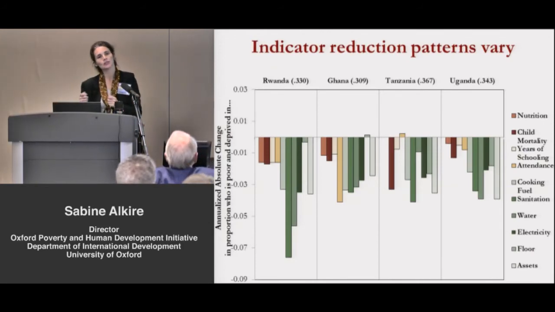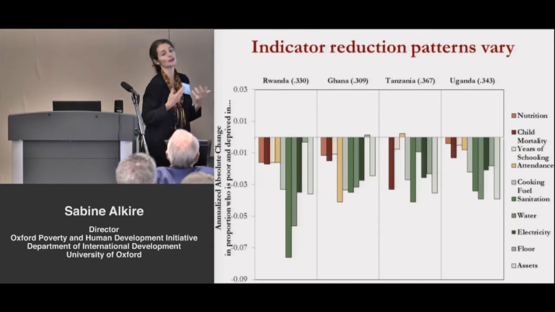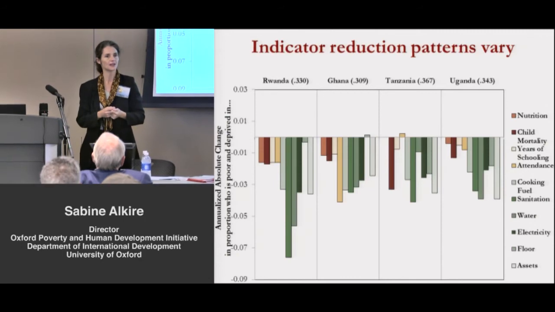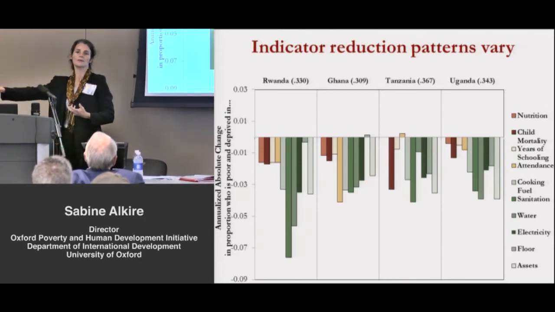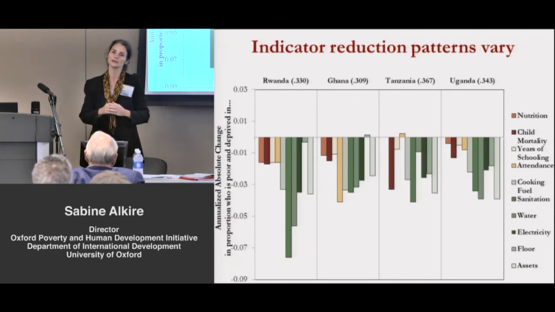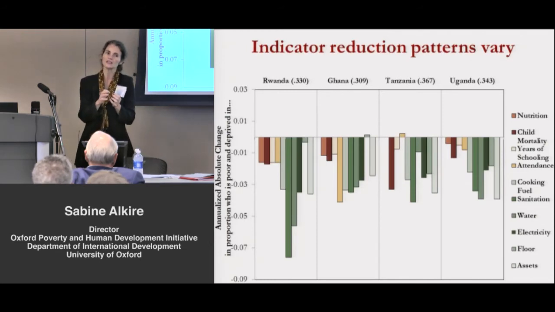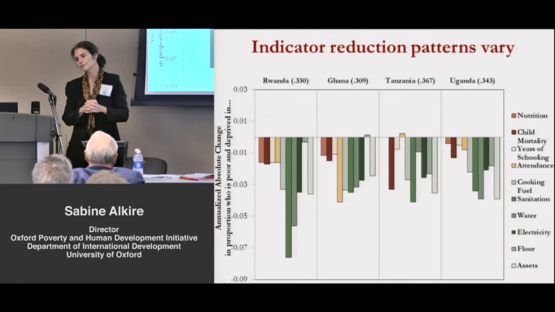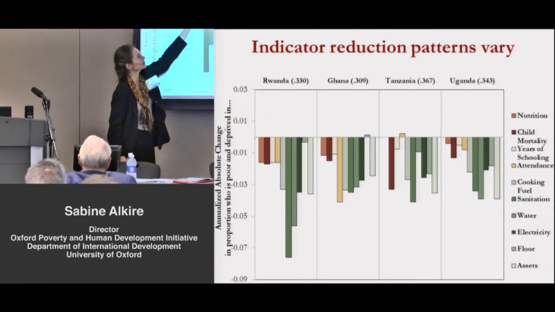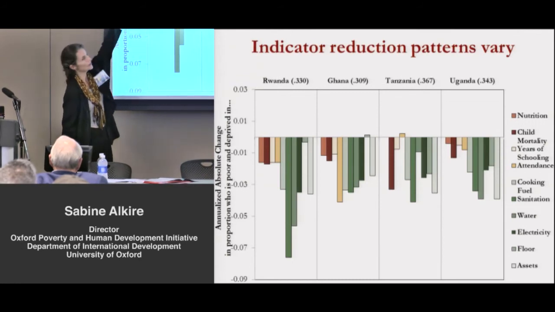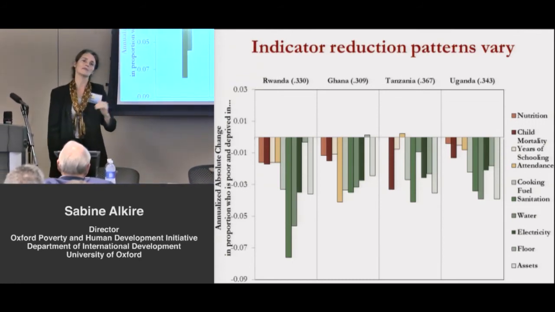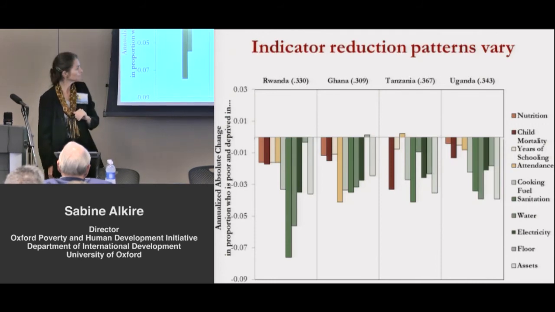But as James mentioned, one of the values of this very simple way of measuring poverty is that after identifying the poor and censoring the deprivations of the non-poor, you can break it down by each of the 10 indicators and see, in a sense, how poverty changed. So here are 4 countries and the 10 indicators, and it is showing the annualized percentage of people whose deprivation was reduced in that indicator.